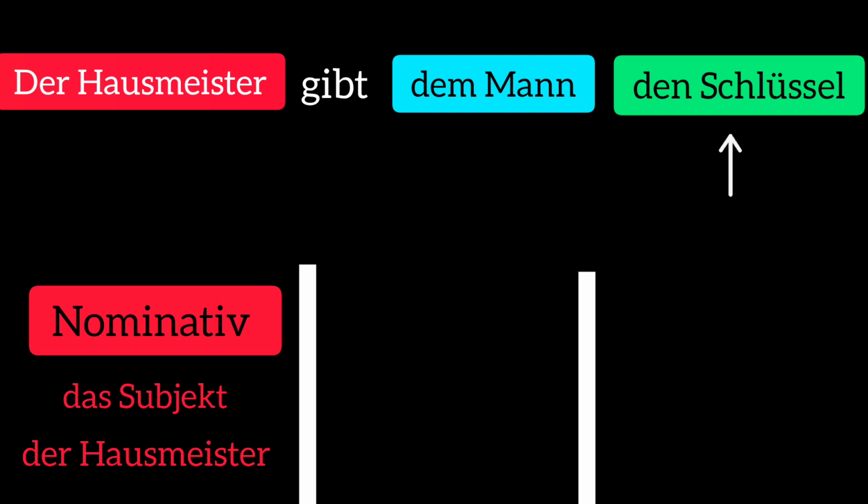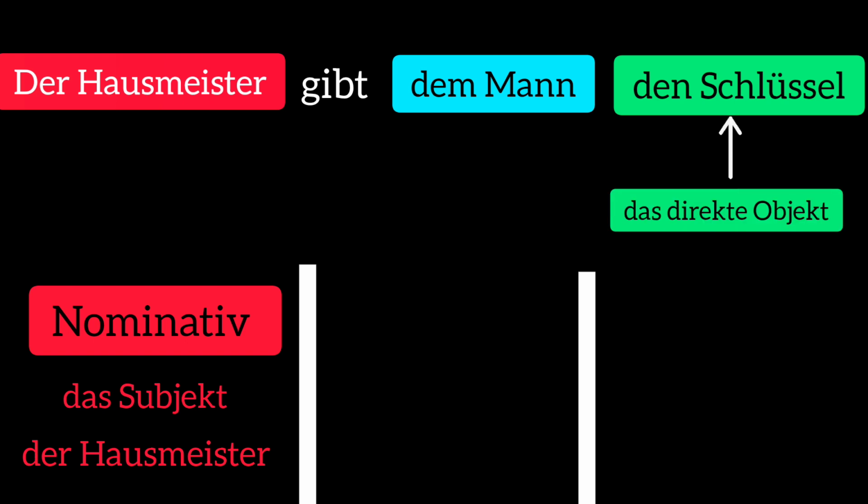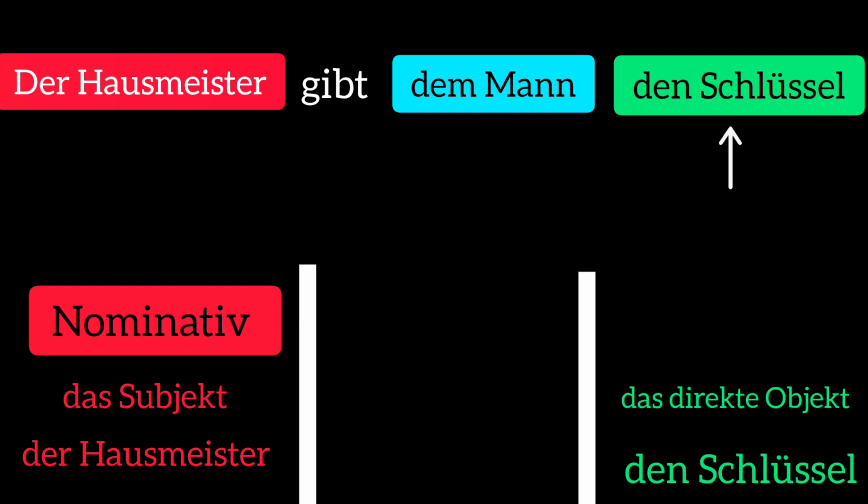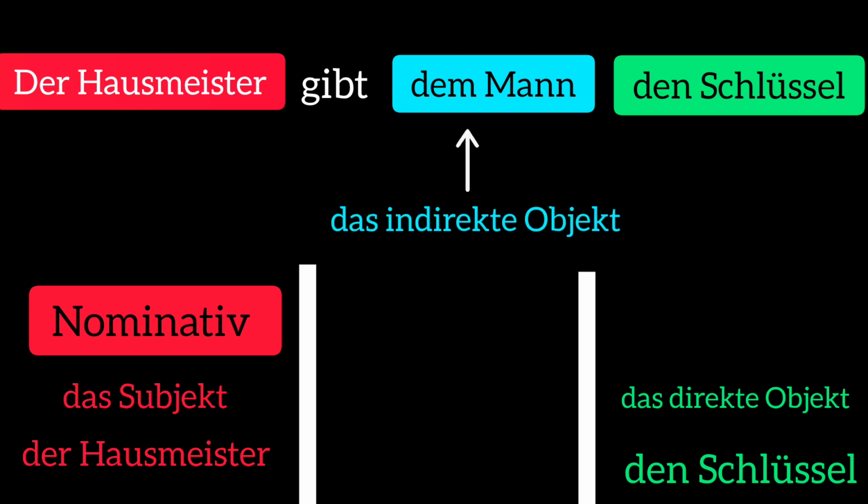That is the key, der Schlüssel. So the Hausmeister takes the key. So the key is being directly affected by the action of the Hausmeister. So it is the direct object. But the Hausmeister is giving this key to someone. And that someone is here, der Mann. So the Mann is the indirect object of this sentence.